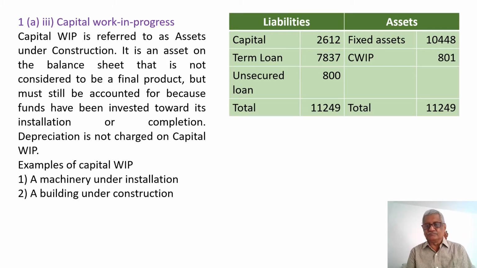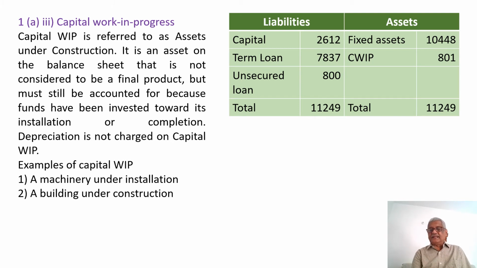Now we look here. These company's sources are, see, capital is 2612, term loan is 7837, and it has got an unsecured loan of 800. The total liabilities is 11249. Fixed assets is 104,448. That is the gross block. The capital work in progress stands separately because it cannot be depreciated.